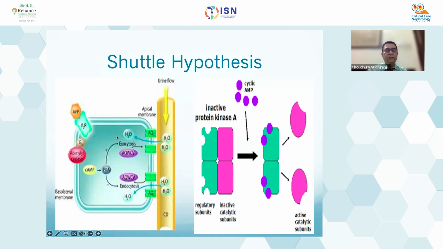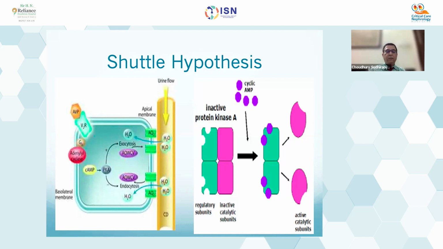Whereas when it is not a pump, it is only a channel, it requires a driving force. And what is the driving force here? It is the medullary concentration gradient. So that drives the aquaporin channels to come from the cytosol and fuse into the basolateral side.